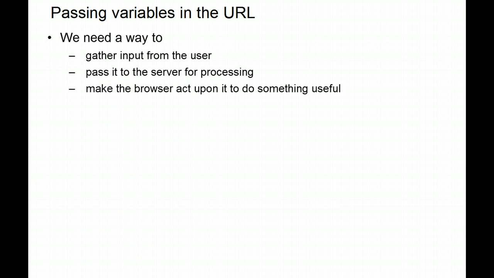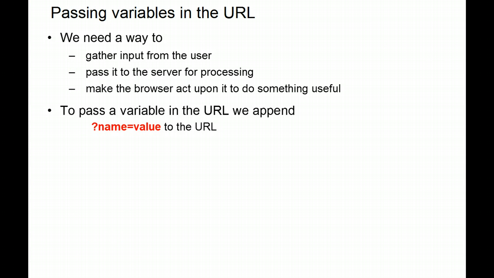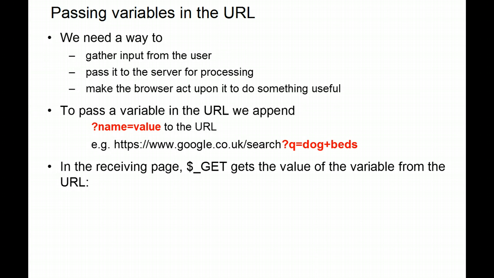To pass a variable in the URL in this way, we append to the end of the address a question mark, followed by the variable name, equals, and then its value. We do not use a $ sign or quotation marks here. Then that variable has to be gathered by the page which receives it.